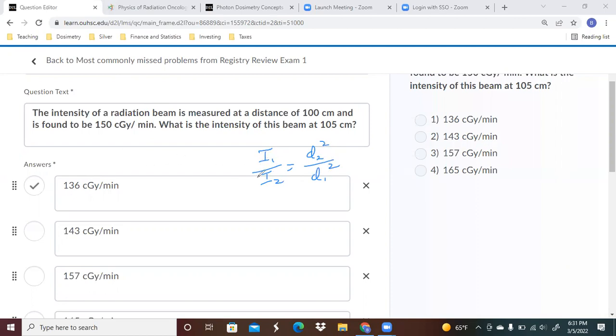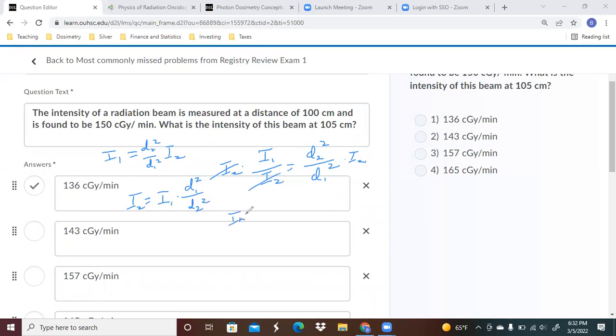We don't know the intensity of one of these, but we know it for the other. So intensity 1 is equal to d2 squared over d1 squared times intensity 2, if you multiply both sides by intensity 2. Then, solving for the intensity of 2, which we don't know, it is equal to the intensity of 1 times d1 squared over d2 squared.